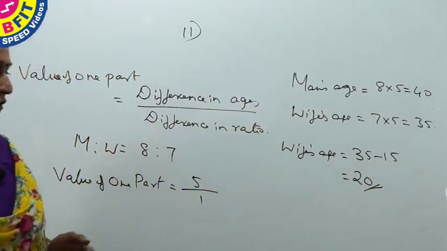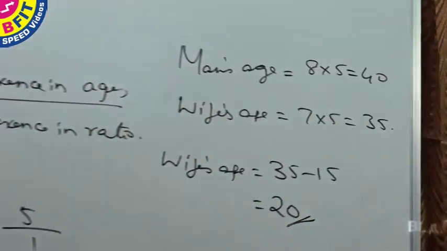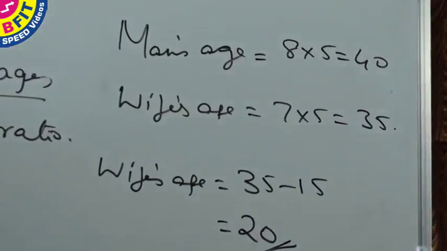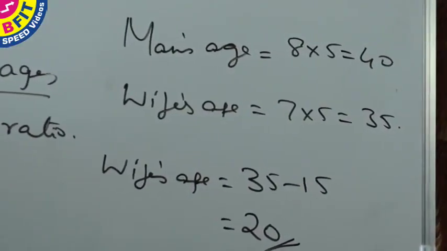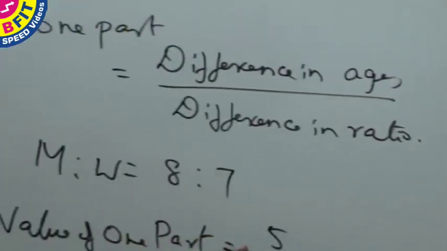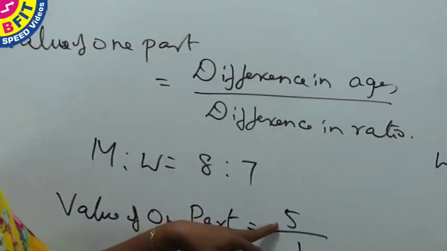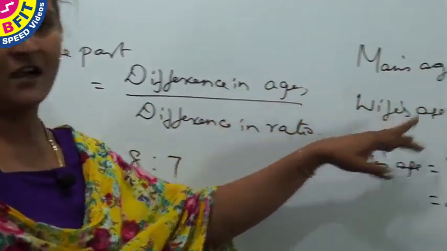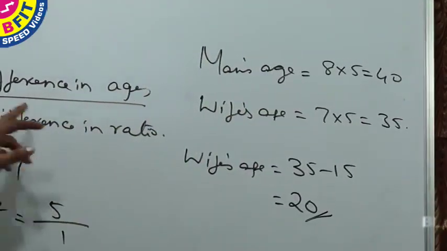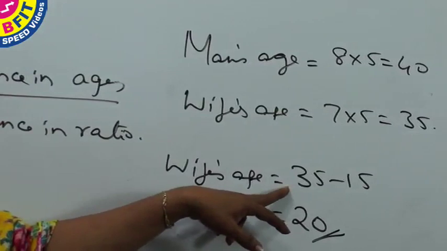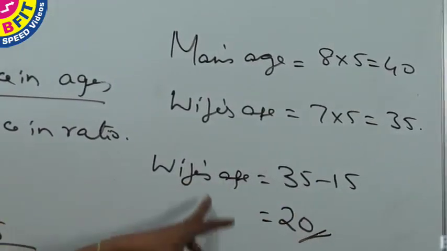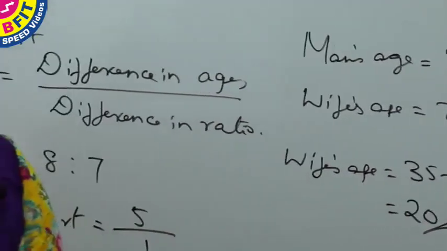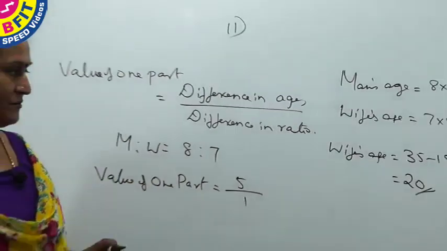So here, instead of forming two equations and solving, we just divide the difference in ages by the difference in ratio and the value of one part is got. This value of one part, when multiplied with 8 and 7, gives their ages after 15 years. As the ages are asked at the time of their marriage, subtract 15 and the wife's age is got at the time of their marriage.